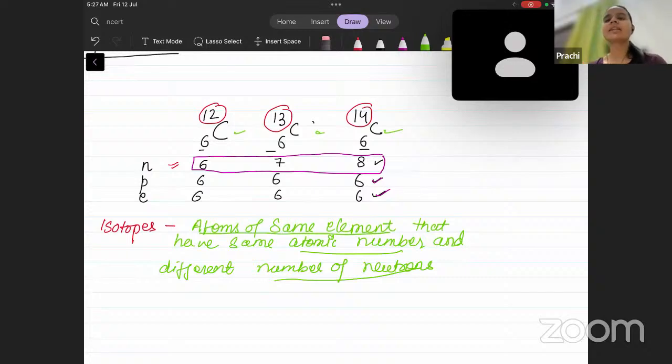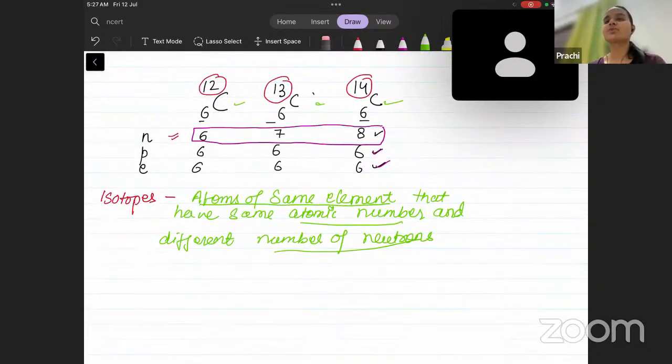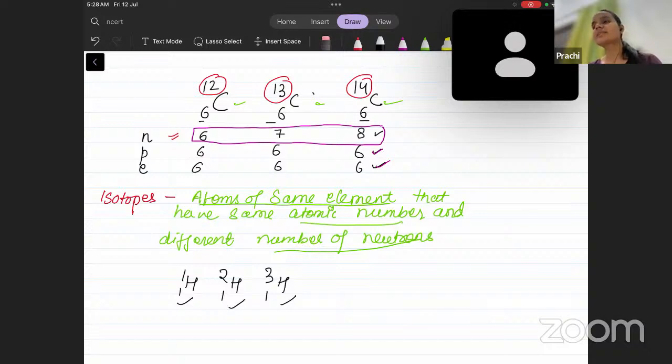So similarly, what can be the other examples of isotopes? Most of the elements in the periodic table have their isotopes. For example, for hydrogen, we have three isotopes: hydrogen, deuterium, and tritium. What we can see here is that the mass number is different and the atomic number is the same.